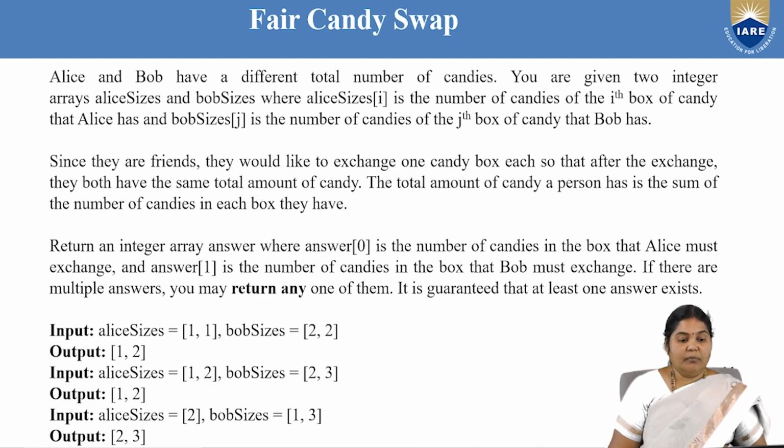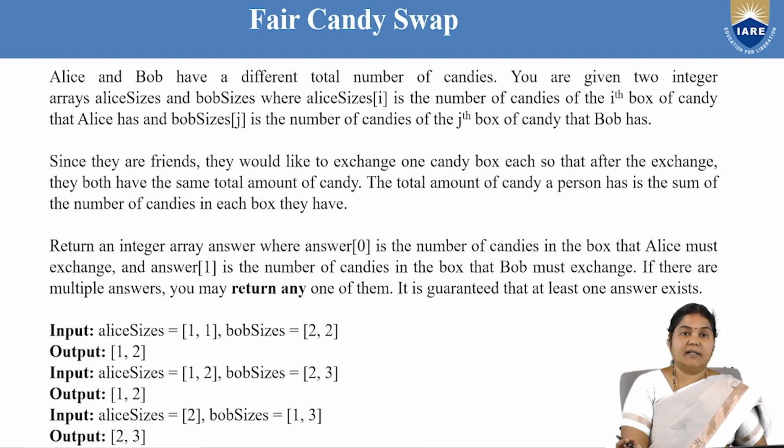Now, return an integer array answer where answer of 0 is the number of candies in the box that Alice must exchange, and answer of 1 is the number of candies in the box that Bob must exchange. If there are multiple answers, you may return any one of them. It is guaranteed that at least one answer exists.